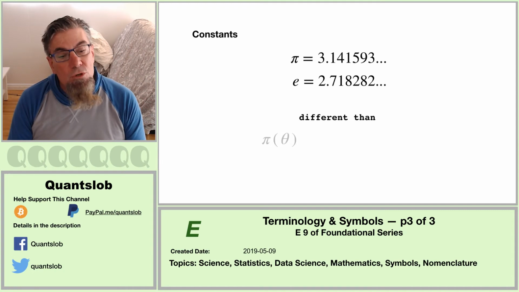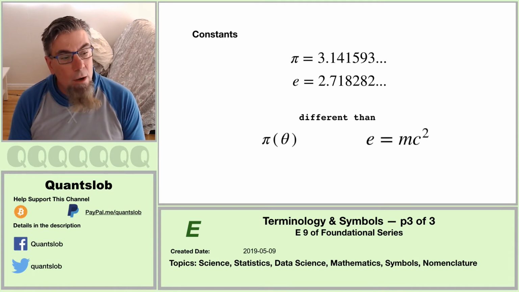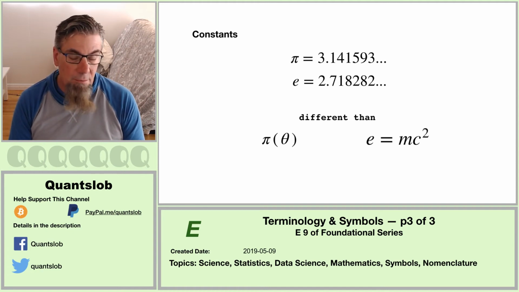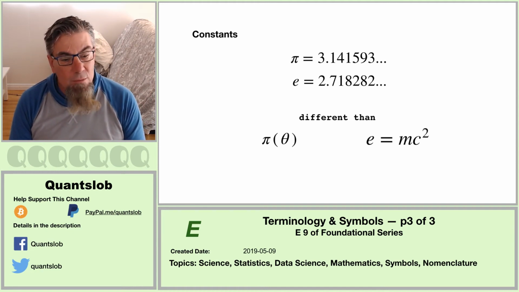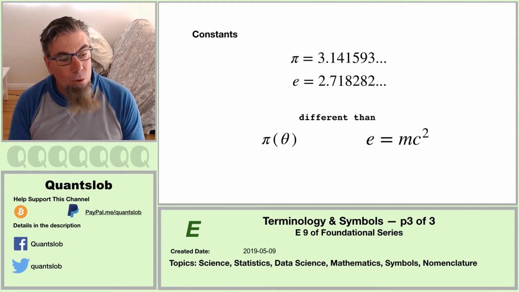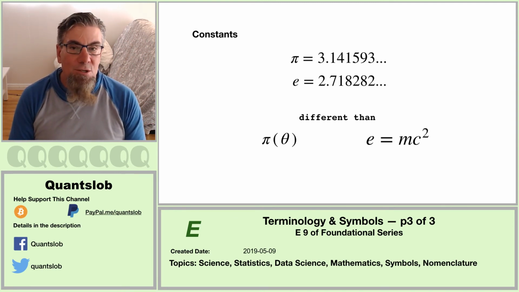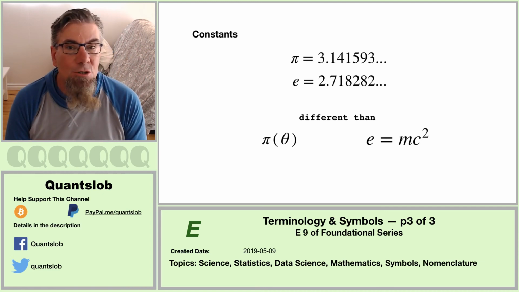And while these symbols usually are reserved to represent these quantities, there are exceptions, and the context will provide the clarity. So every time you see the lowercase pi or a lowercase e, don't always assume they're referring to these quantities. For example, pi has become popular in Bayesian stats to refer to a prior distribution, and e, of course, is famously used to express some quantity in units of energy.